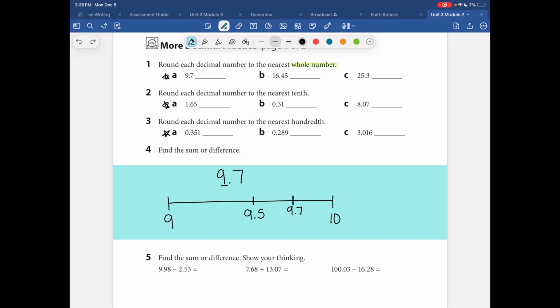So since 9 7/10 is over here, the whole number that it is closer to is 10. There is a greater distance between 9 and 9 7/10 than there is between 9 7/10 and 10. So since it's a shorter distance from 9 7/10 to 10, I'm going to round up to 10.